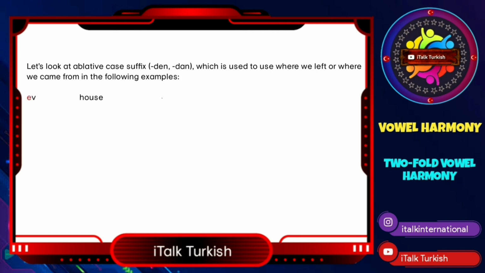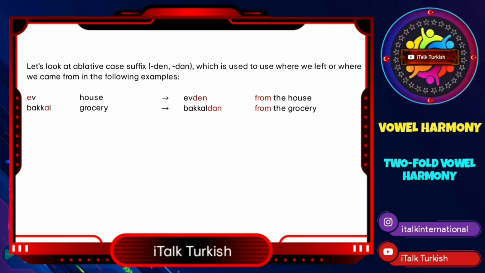Ev, house, evden, from the house. Please look at the last vowel. Because the last vowel is a front vowel, the ablative case suffix takes e. Bakkal, grocery, bakkaldan, from the grocery.